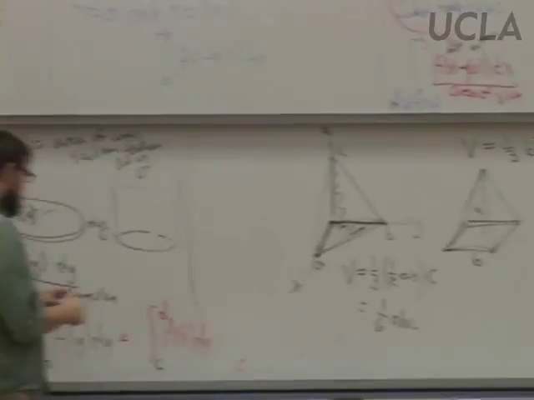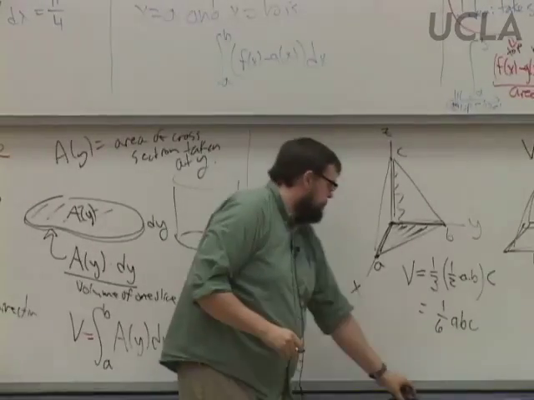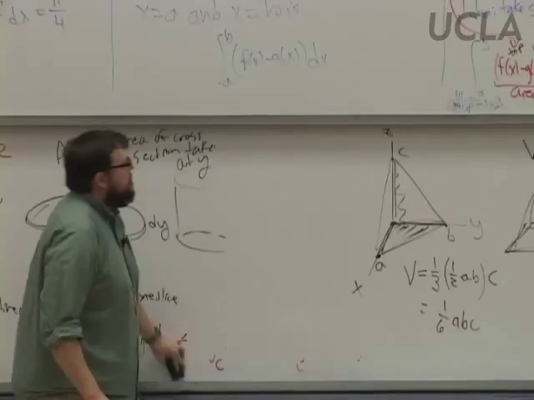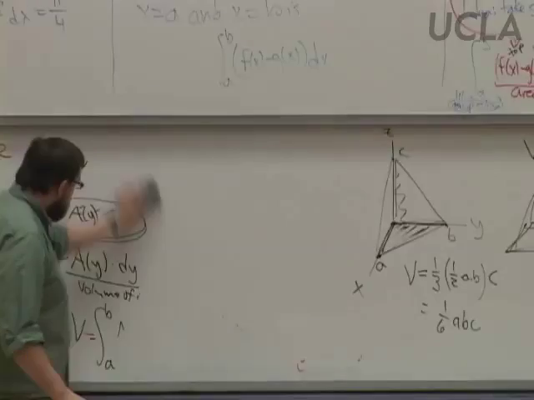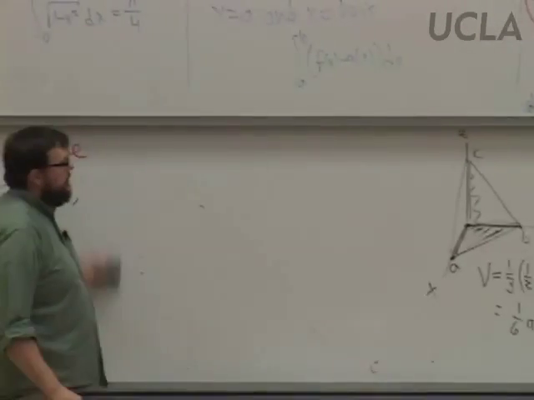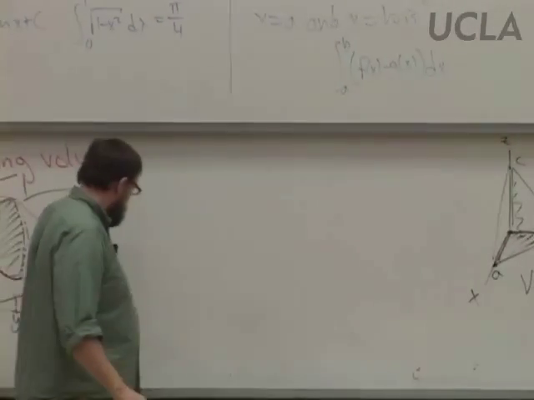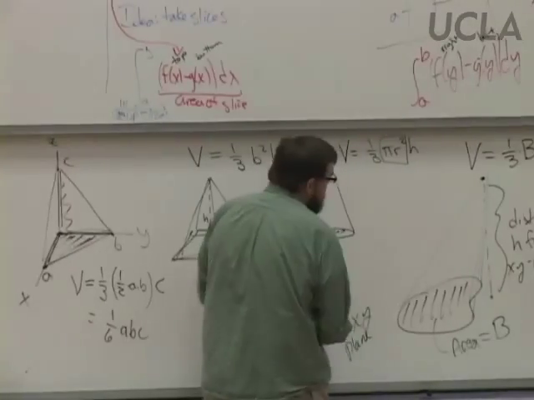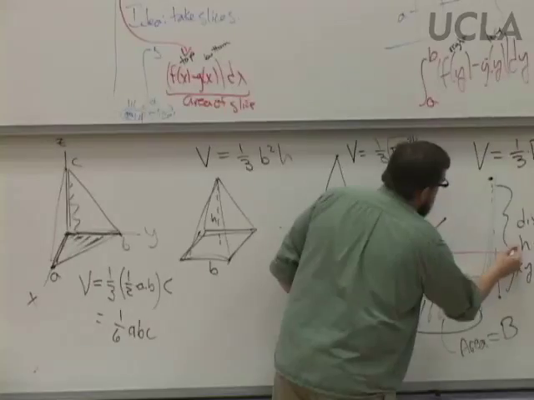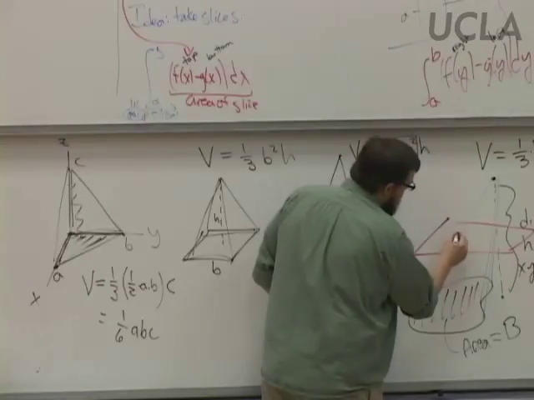Okay, so let's see if we can prove that 1/3 base times height. Well, how do we go about proving it? We take cross sections. So I come up and take myself a cross section here. And what shape do I get?